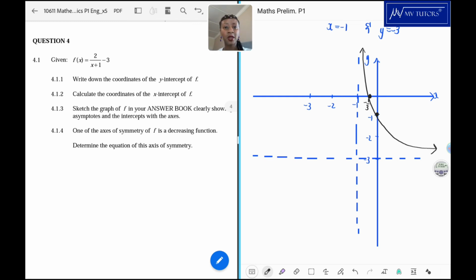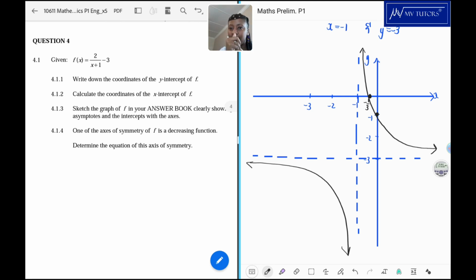Remember I said it's a positive graph because a is positive, so it's going to go from left to right, increasing like that. So it's going to be on quadrant 3 and 1, and then the other side. Okay, so that's basically our graph.